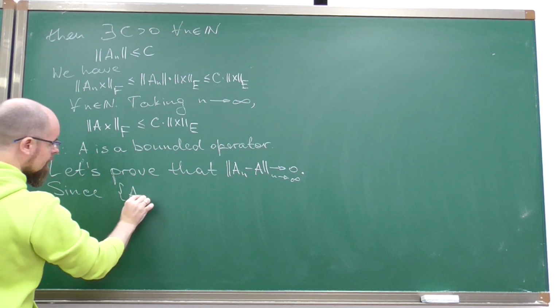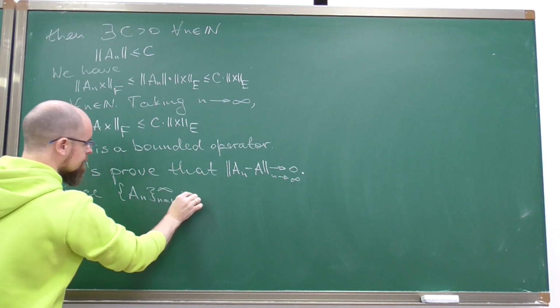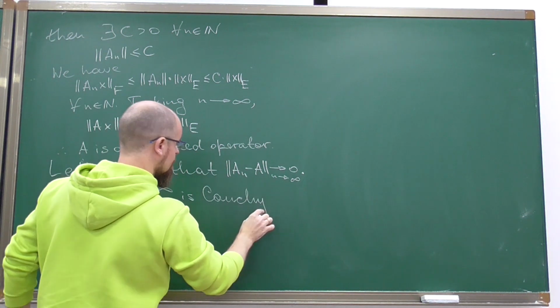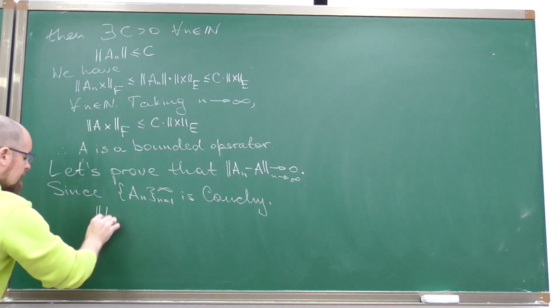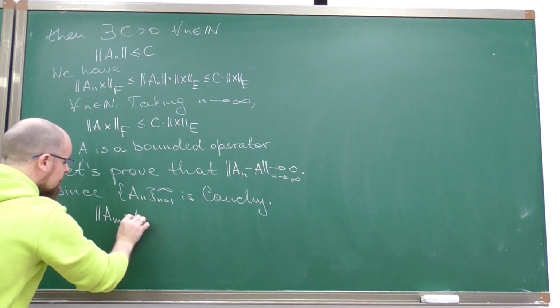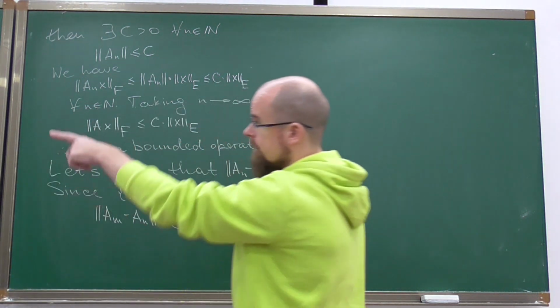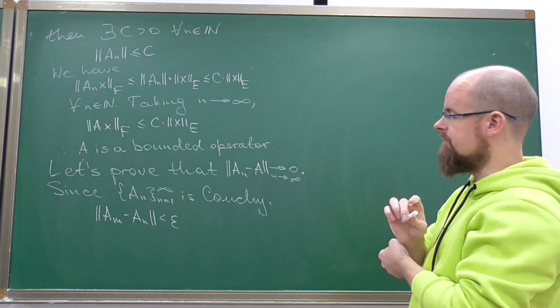Since A_n is Cauchy, the norm of A_m minus A_n is less than epsilon for the values of m, n and epsilon which we specified at the beginning.